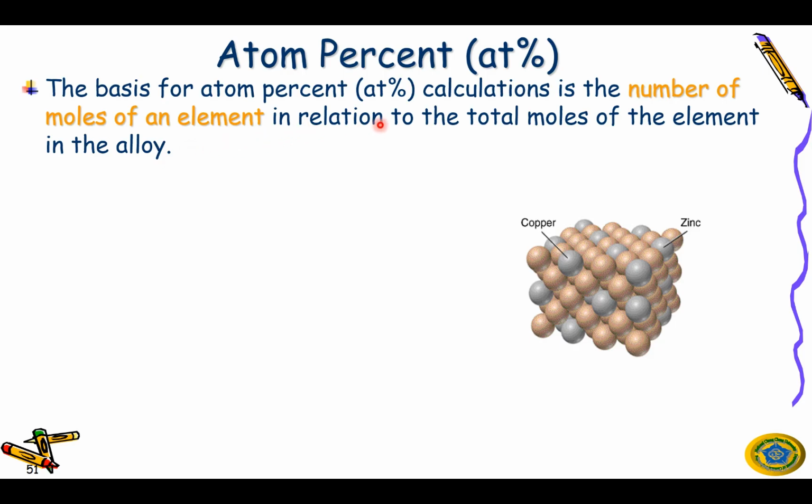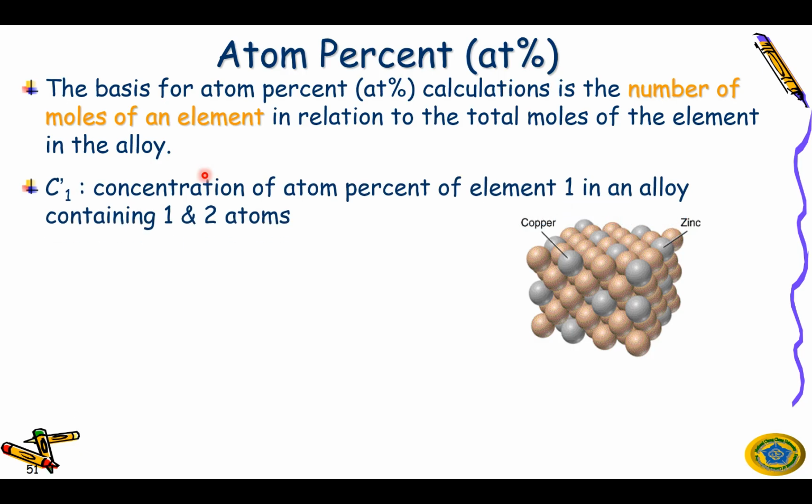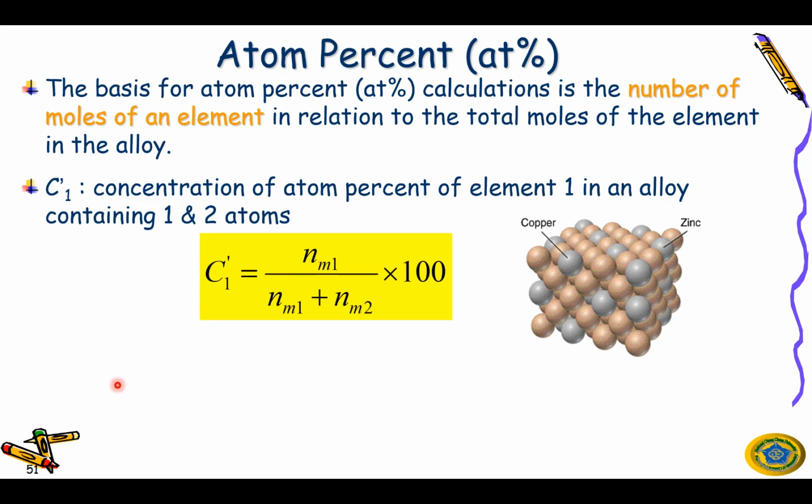It is related to the total moles of the elements in the alloy. For example, the atomic percentage of element 1 in an alloy containing 1 and 2 atoms is defined like this: C1 prime equals the moles of 1, n1, divided by the moles of n1 plus the moles of n2.